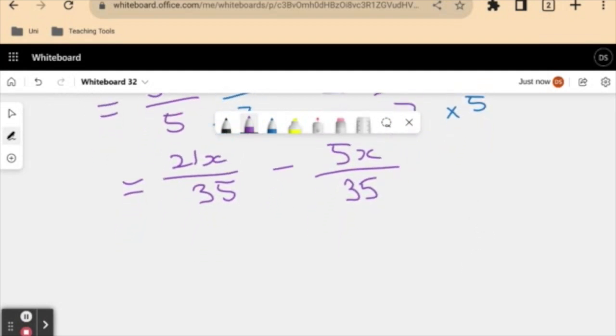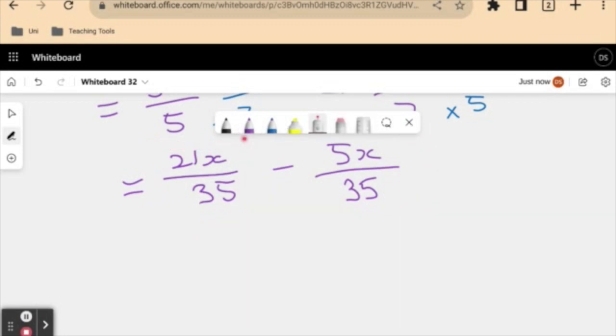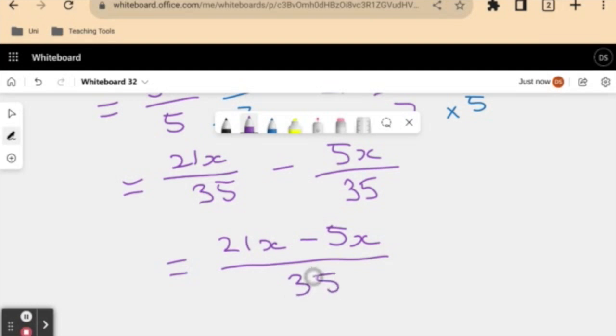Now that these two are speaking the same language, both of these are expressed as fractions with an equal denominator. So now we can work with adding and subtracting these portions. We can leave the numerators all together as an expression over the common denominator. So we get 21x, and from that we're subtracting 5x, over 35.